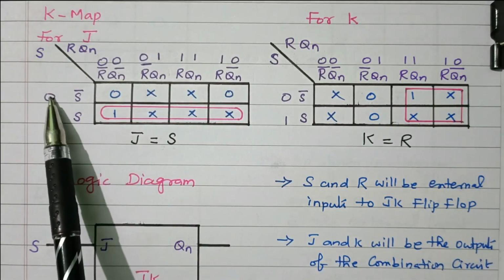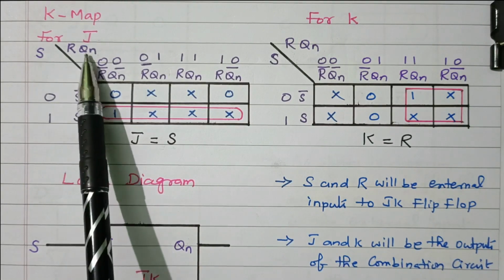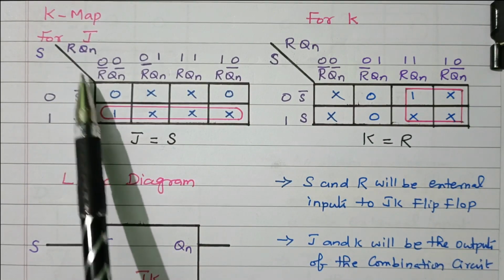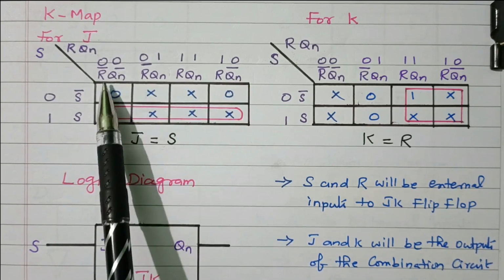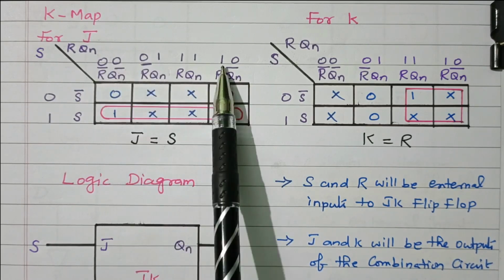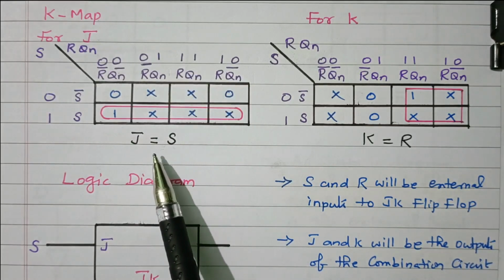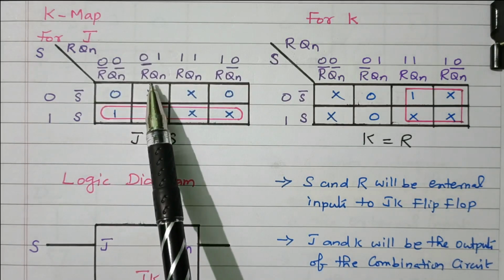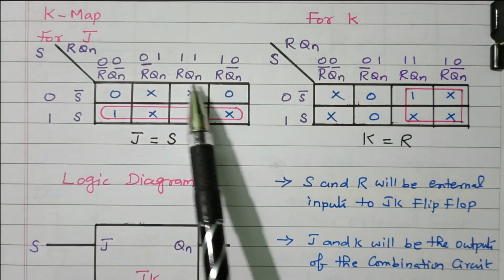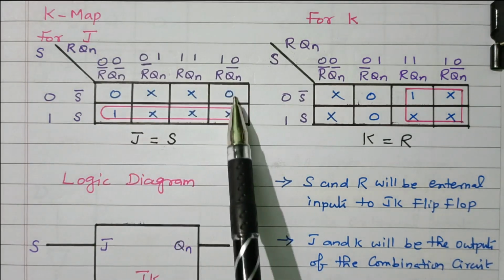S is one variable, two possibilities, 0, 1, S bar, S. R, Qn, two variables, four possibilities, 2 to the power 2, 0, 0, 0, 1, 1, 1, 1, 0. There is an interchange between the third and fourth column, right? 0, 0 means R bar, Qn bar, R bar, Qn, R, Qn, R, Qn bar, right? So from the truth table, these values are filled.